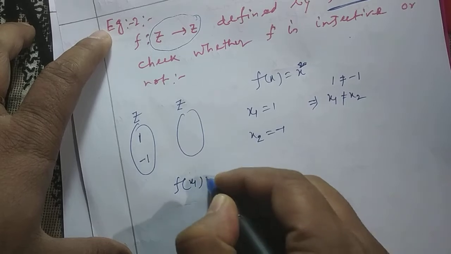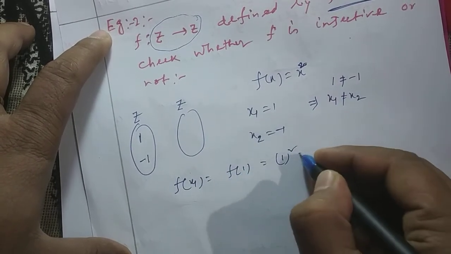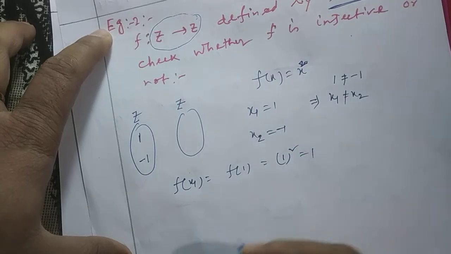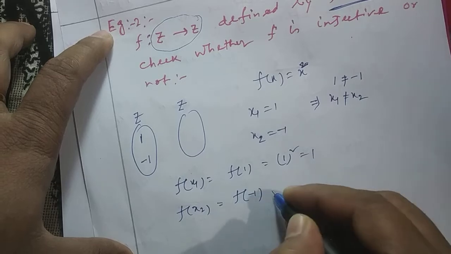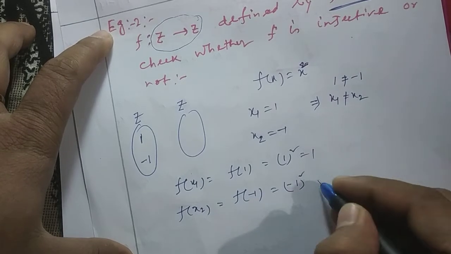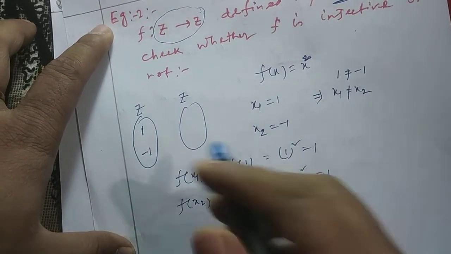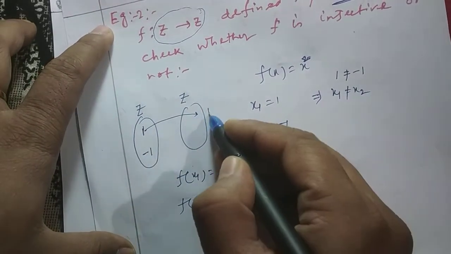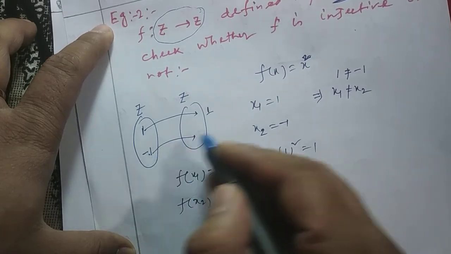Now find the value of f(x1), means f of 1. 1 square by the definition is 1, and find the value of f(x2), means f of minus 1. It will also be 1, because minus 1 whole square equal to 1. So you can say here 1 maps to 1 and f of minus 1 also, minus 1 maps to 1.